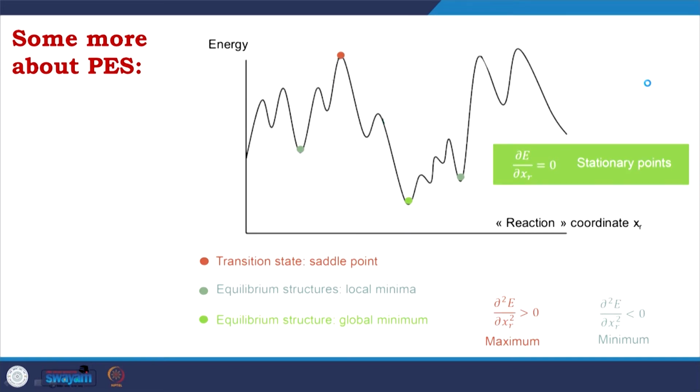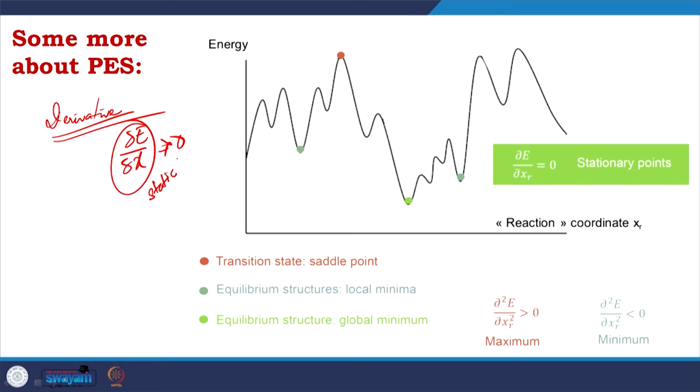When you are talking about the potential energy surface, to measure it, we perform derivative calculations. If the first derivative, dE/dx, is 0, then we know that we have reached a stationary point, which could be a maxima or a minima.